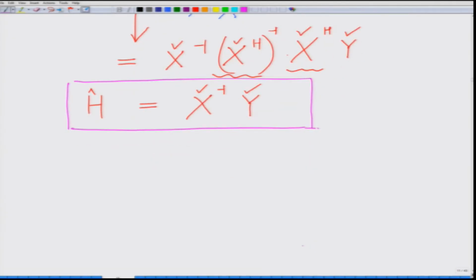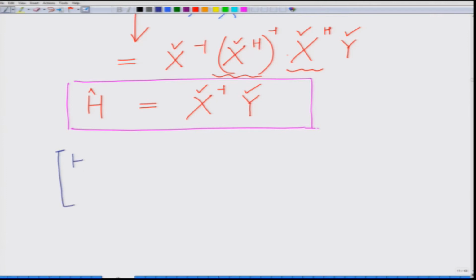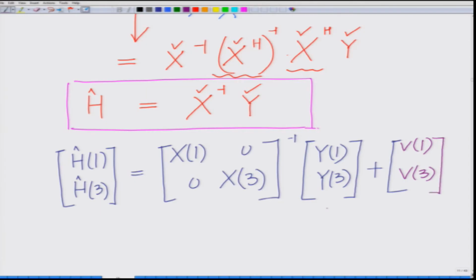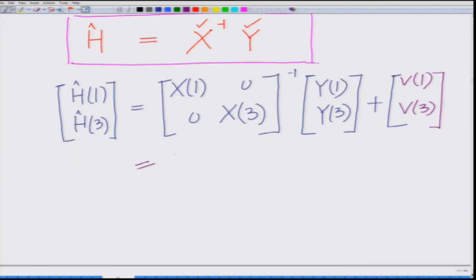In fact, this can be implemented very easily, because X check is a diagonal matrix. The inverse of a diagonal matrix is nothing but another diagonal matrix with the reciprocals of the diagonal elements. Therefore, H hat 1, H hat 3, the estimates of the channel coefficients of the pilot subcarriers, are the inverse of this diagonal matrix times Y1, Y3, the outputs on the pilot subcarriers, plus the noise V1, V3 on the pilot subcarriers.